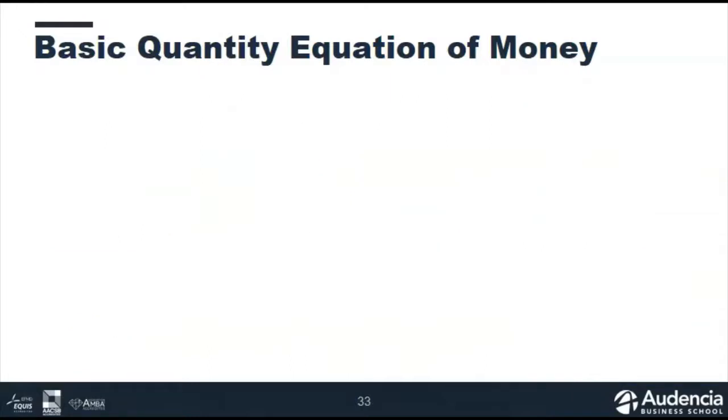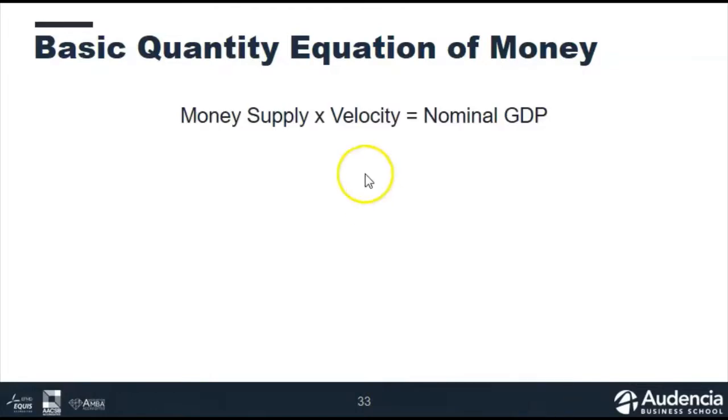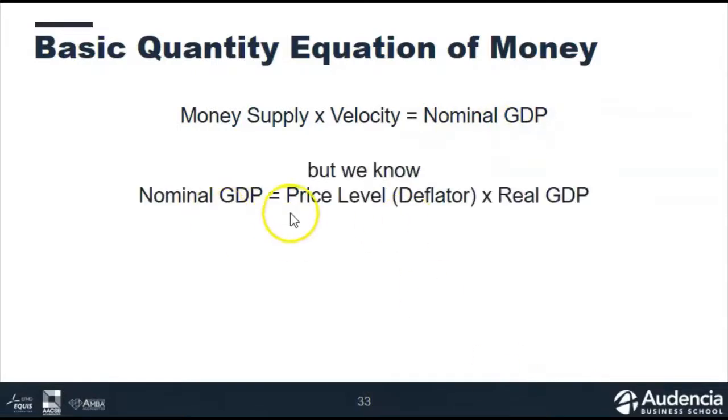So the equation tells us the following. It tells us that the money supply has to circulate enough to pay for the amount of goods and services purchased, or nominal GDP. Nominal GDP, however, is the price level times real GDP, or production.